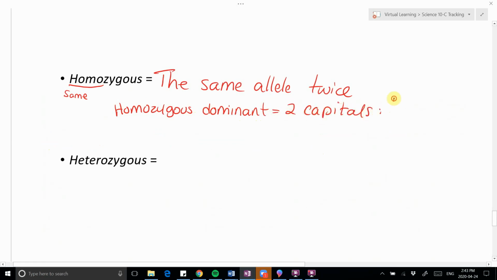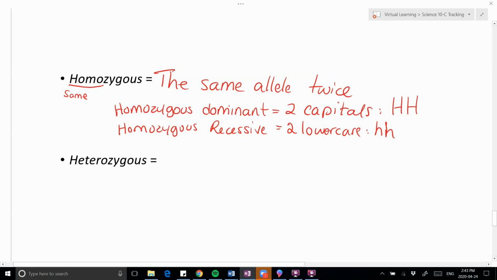So, for example, a capital H, capital H. Homozygous recessive is going to have two lowercase, right? Because we're going to have two of the recessive trait. So, for example, lowercase h, lowercase h. So anytime you have two of the same, it's always going to tell you whether it's homozygous dominant or homozygous recessive. But that homozygous tells us that we have two repeating letters.